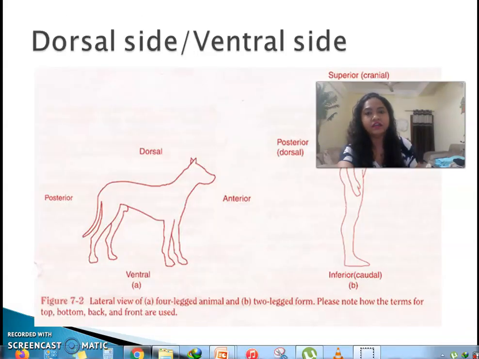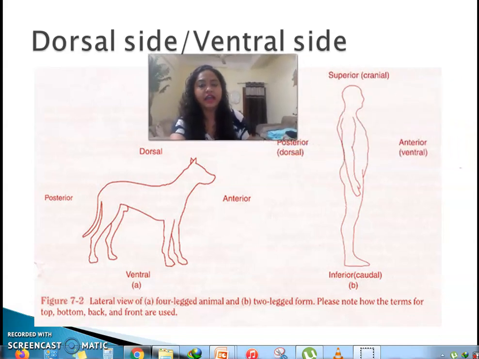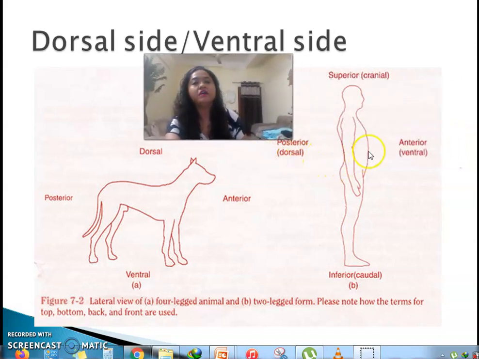The first is dorsal side and ventral side. If you look at this picture of the human body, then you will observe that the front side or the anterior side is the ventral side, while the posterior side or the back side is the dorsal side.